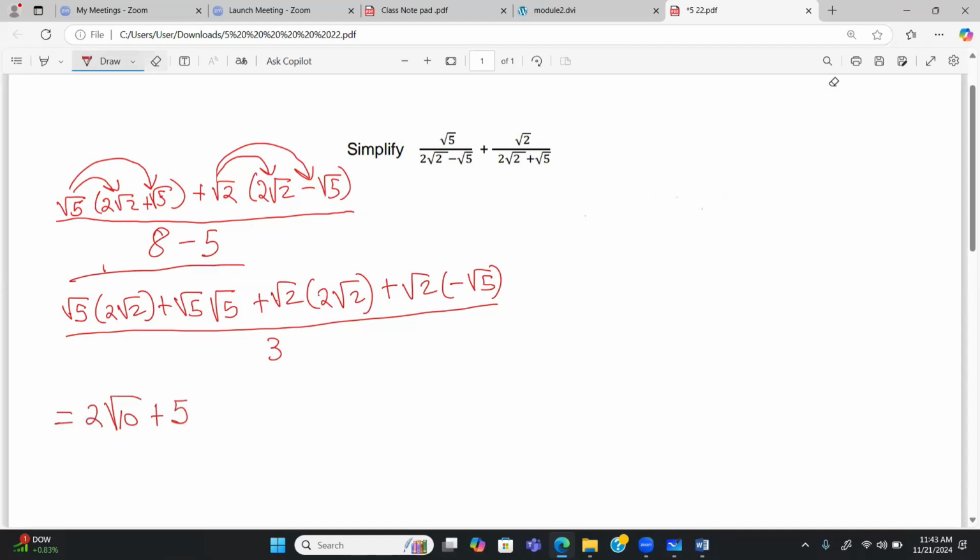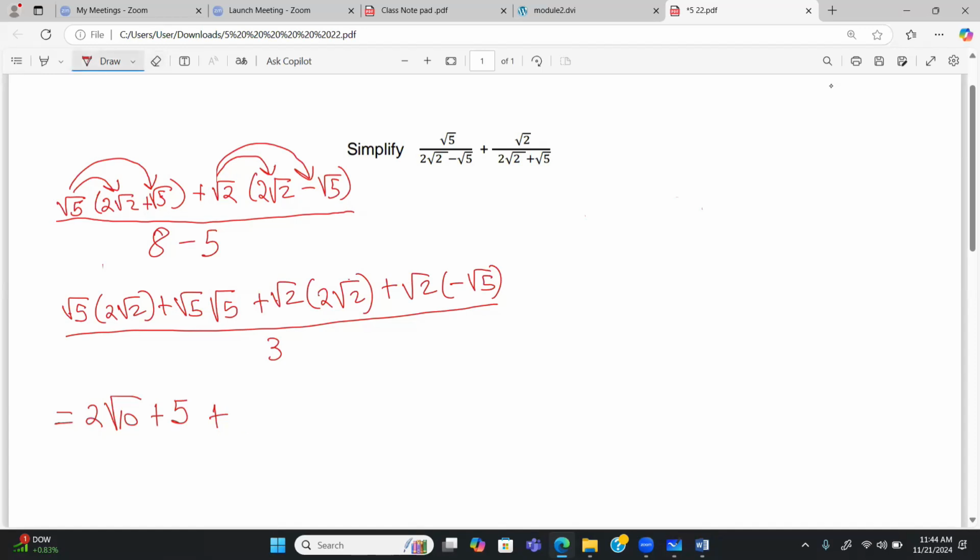So I'm done with this part. Let's take a look at the other part over here. When I have the root 2 times the 2 root 2, I'm going to have plus 4, because the 2 stays and then root 2 times root 2 will give me another 2, so it becomes 4 overall.